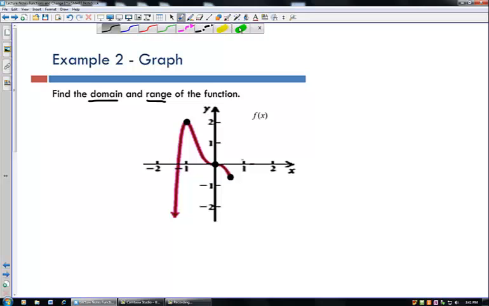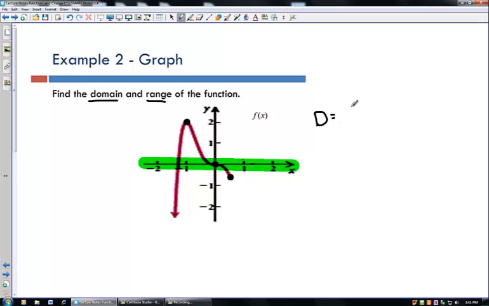To figure out the domain, you want to look along the x-axis because these are all the possible inputs. And we're going to use what's called interval notation. So we'll say the domain, and we'll use the letter D for domain, is equal to... the domain is good all the way to the left because this arrow goes down, so the domain's good here, here, here, here, here, and then it stops right there, and I bet that's probably 1/2.